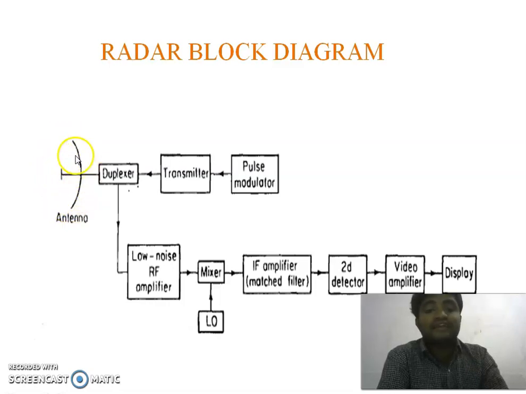A single antenna is used for both transmitting and receiving purposes. The next block is the duplexer. This duplexer protects the receiver from the high power of the transmitter, and it routes the echo signal to the receiver block.